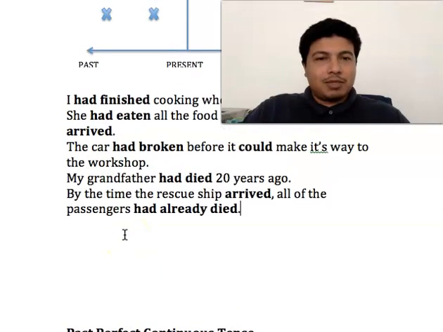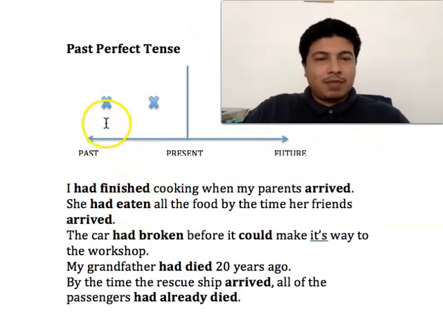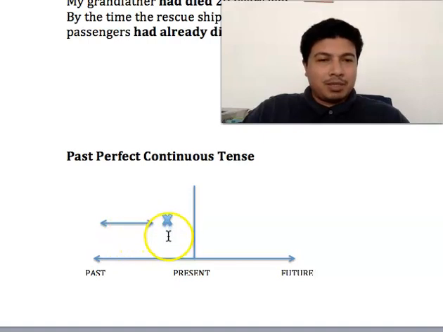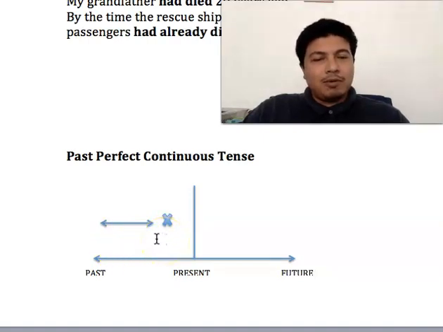So as compared to past perfect tense, we have two past tenses. But in past perfect continuous tense, we have the continuous that happened first and then the past tense. The one that happened first was in the process of happening. It was progressive.